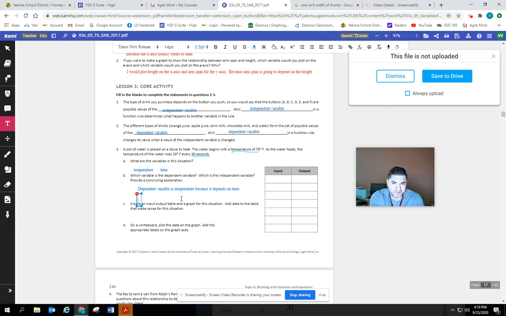So that would mean that my independent variable is time. And we talked about this a little bit, that time is typically independent.